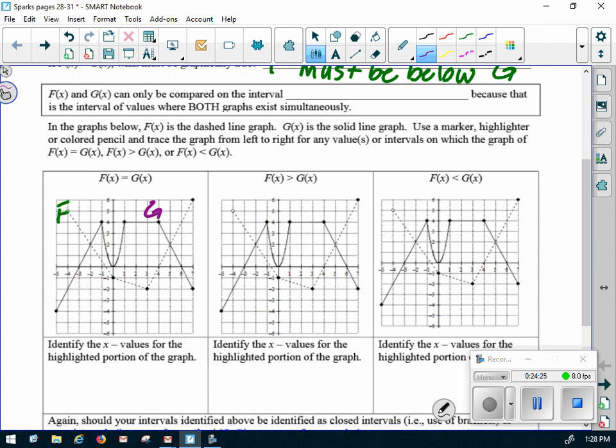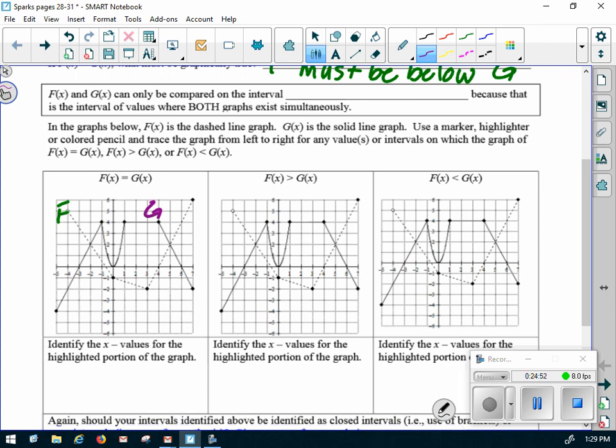At what x value does g start? -5. Does f exist when x is -5? No. So the only places I can compare them, well, let's be a little more general, is when both functions exist, right?